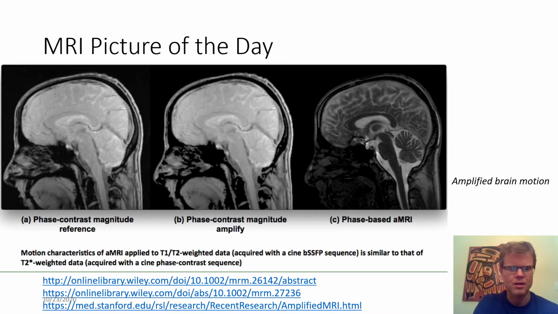We actually amplify these motions in the image, and so you get this much more expressive, amplified picture of the brain motion during an MRI scan. So, pretty interesting approach here.